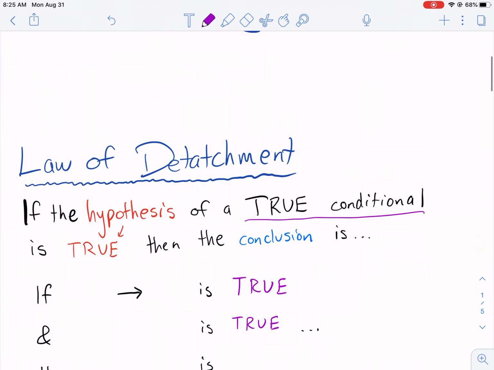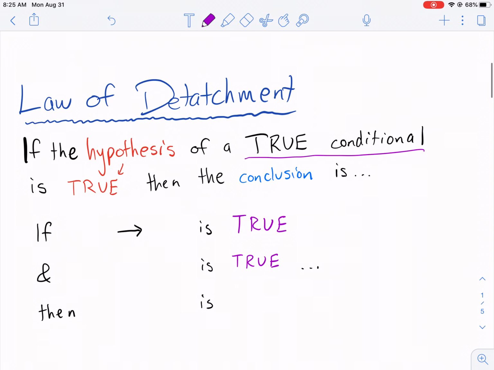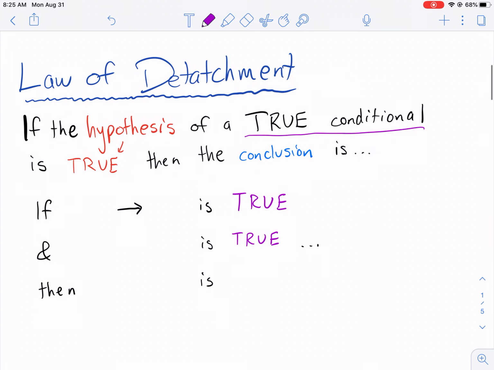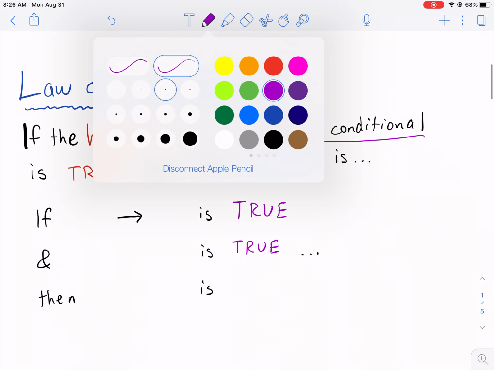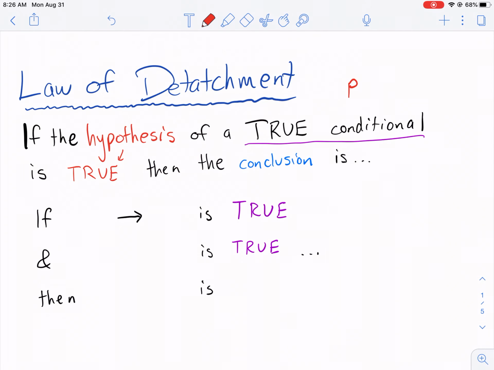One of them is the law of detachment. This is actually pretty cool once you put it into practice. And this is essentially the crux of this law. If the hypothesis of a true conditional, keep in mind any conditional is written like this, a true conditional is true.